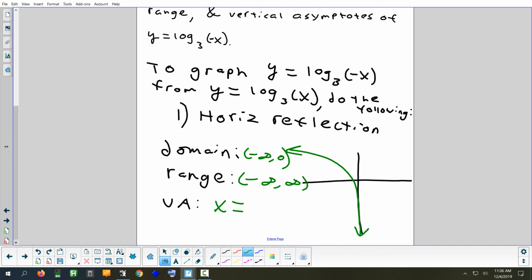So the vertical asymptote is x equals 0. If you put y equals 0, you just wrote what kind of line? A horizontal line. There are no horizontal asymptotes here, right? They're vertical, you've got to write x equals.